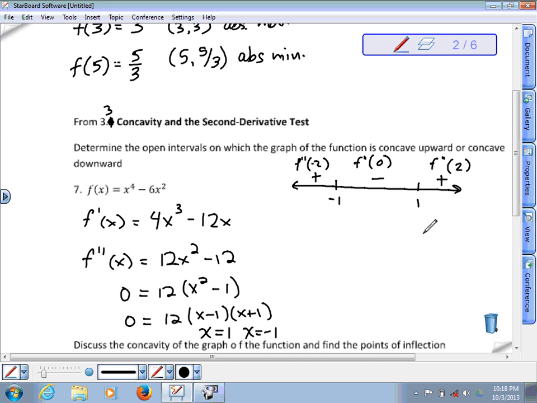Now, in the second derivative test, a positive interval doesn't mean that the graph is increasing. What that means is the graph is concave up. It's curving upwards like this.